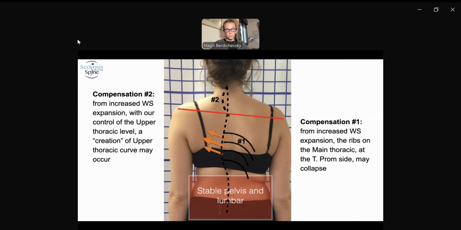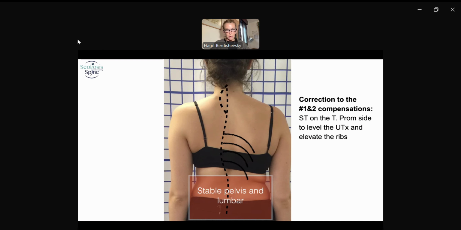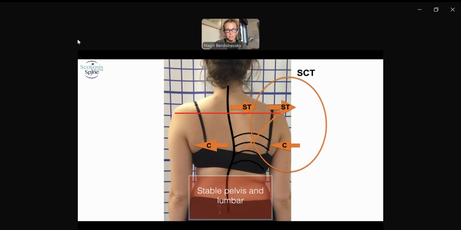So those two compensations will get shoulder traction, and then the upper thoracic will be pulled towards the center, and the ribs will be elevated for the same reasoning I explained before, and the patient gets their best correction. Here she's not holding the pose.